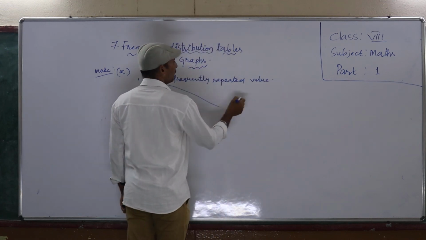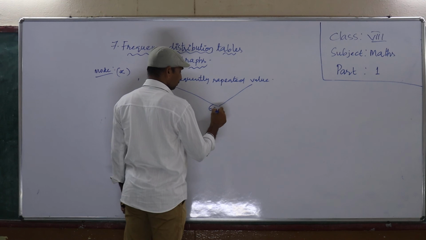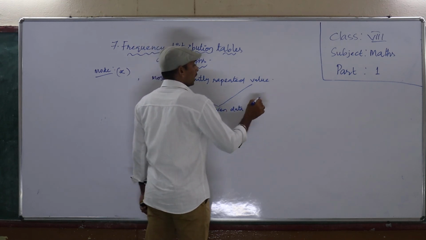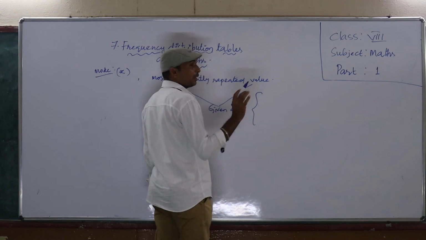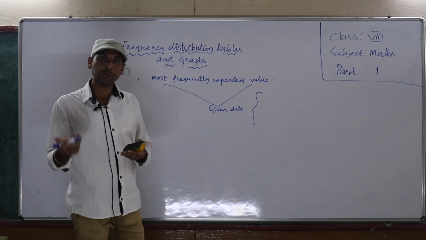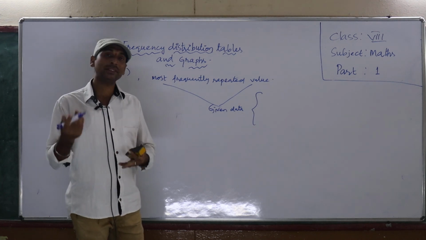In the given data, some numbers we get more times, maybe one number, or two numbers, or three numbers.